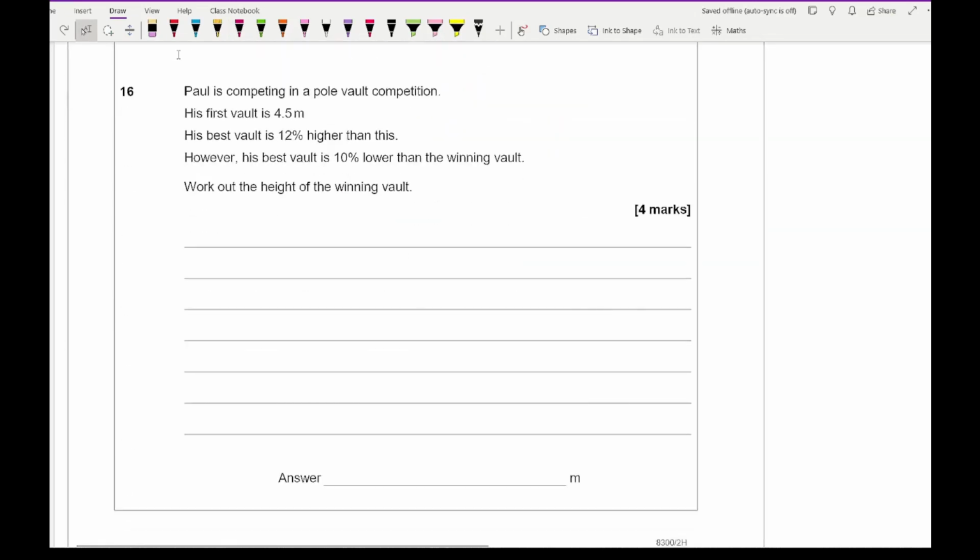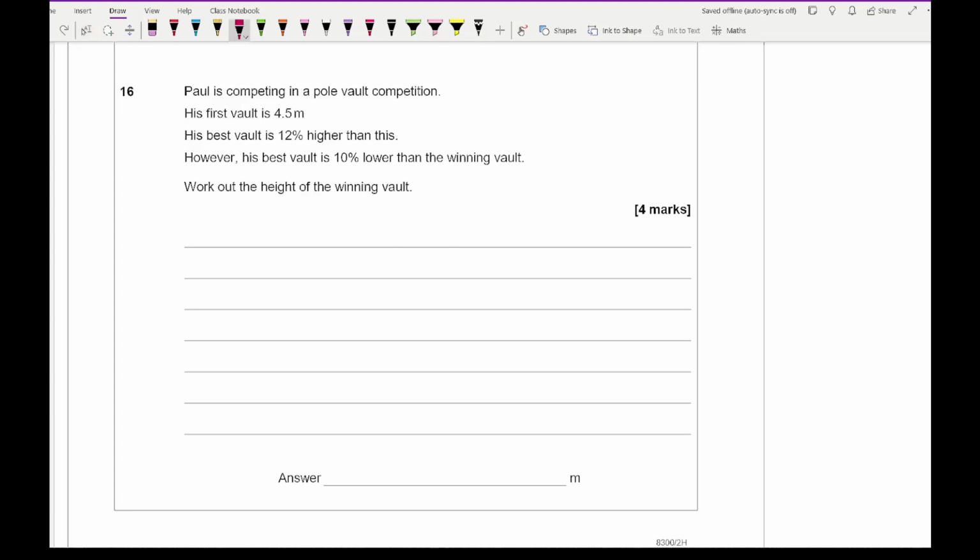Then moving on to question 16, it says Paul is competing in a pole vault competition. His first vault was 4.5 meters and his best vault was 12% higher than this. However, his best vault is 10% lower than the winning vault. And the question is asking us to work out the height of the winning vault.